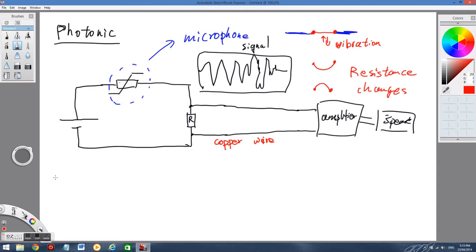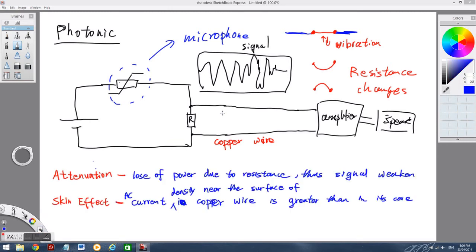Okay? So it only happens in copper wires. Now, attenuation is a fancy word for loss of power due to resistance. What happens in the copper wire? The copper wire has a resistance.